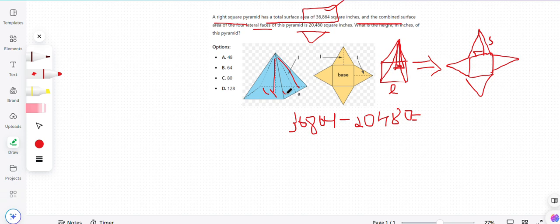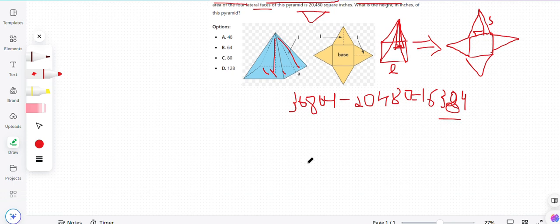Now it becomes 16324, oh sorry, 16384. So this is the area of the base, the area of the square, which equals L squared, because the side of the square is L in this case.